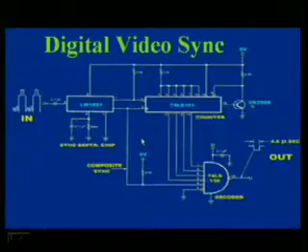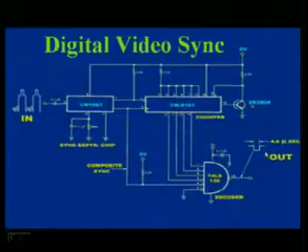I mean to say, if the frequency of either the horizontal or vertical oscillator or even the phase changes, the position of sink pulses will differ and we may not get the sink pulses. Therefore, in case of digital video, exact timings are needed.